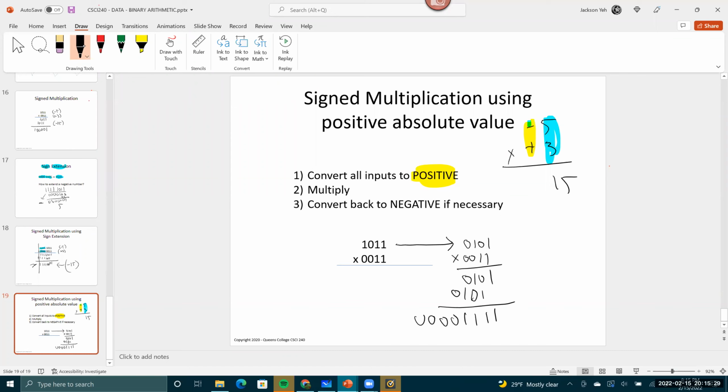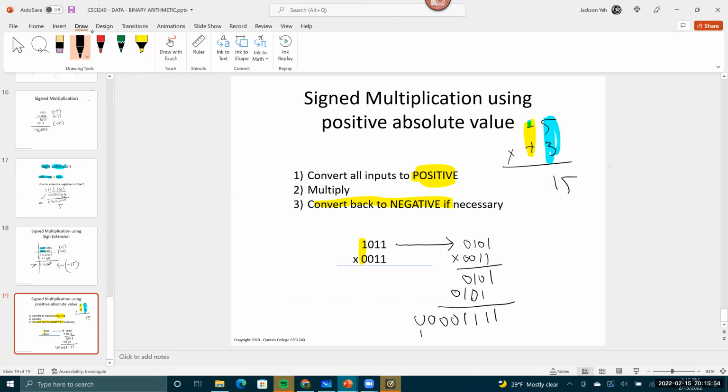And do I stop there? No, because I need to convert it back to negative if necessary. How do I know I need to convert to negative? I look at the signs, right? If the signs were the same, it stays positive. If the signs were different, I make it negative. So because the signs are different, I need to make it negative. This answer I have, I make it negative by flipping the bits and adding 1.